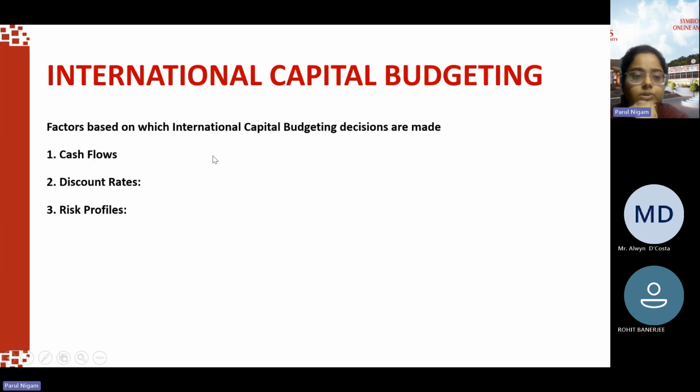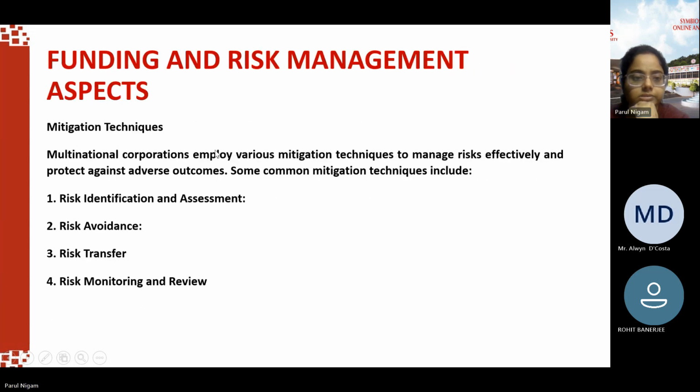Okay, now mitigation techniques. Mitigation is basically managing the risk. So managing the risk is like, first of all, you have to decide on the basis of what sort of funds you have borrowed, what type of funding you have taken from another country.